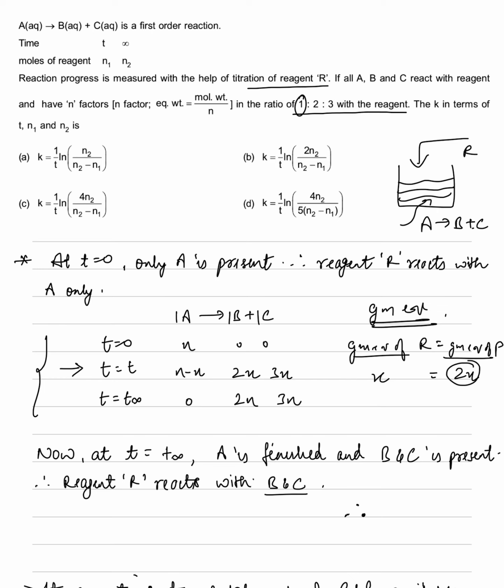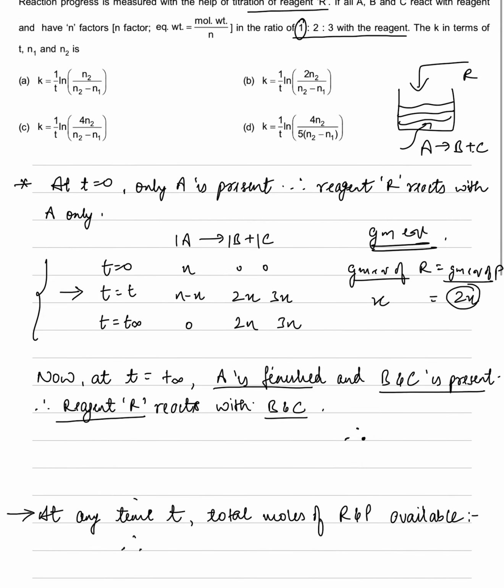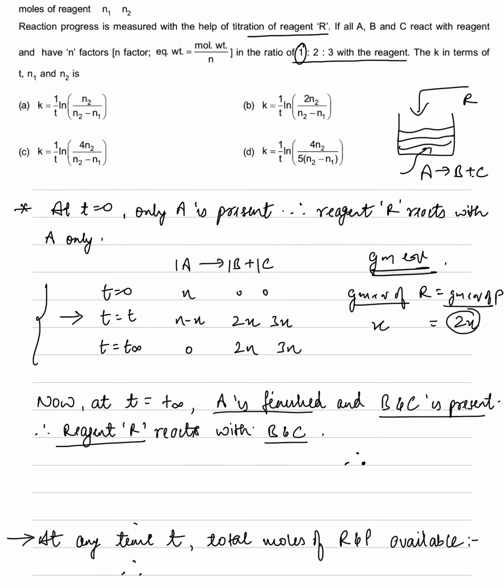At time t equal to infinity, what will happen? All of A will be consumed, so it will be 0. That means it will be 2n and 3n, right? Now at t equal to infinity, A is totally finished, as I told you, and B and C are present. And the reagent R will react with only B and C, right? And at t equal to infinity, how many moles of reagent are used? N2.